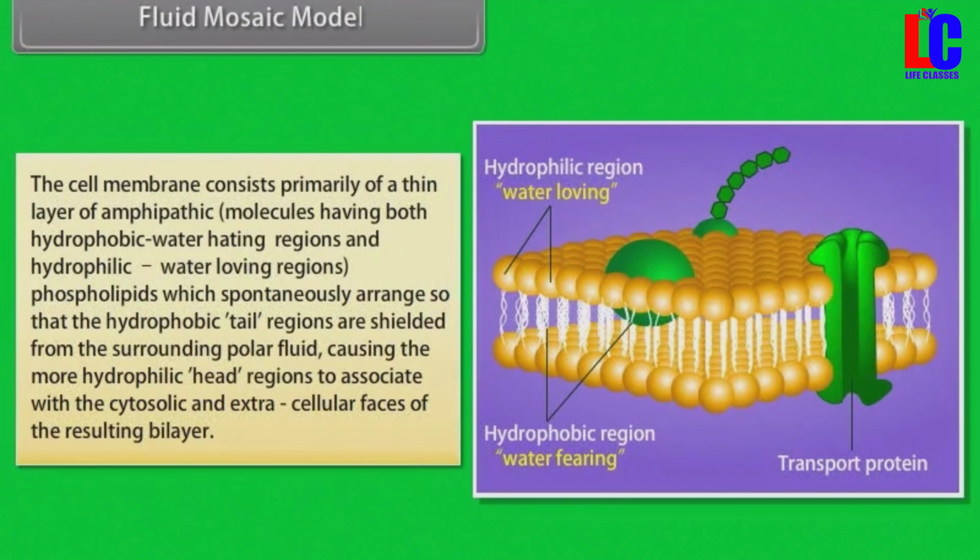The cell membrane consists primarily of thin layer of amphipathic molecules having both hydrophobic, water-hating regions and hydrophilic, water-loving regions, phospholipids which spontaneously arrange so that the hydrophobic tail regions are shielded from the surrounding polar fluid, causing the more hydrophilic head regions to associate with the cytosolic and extracellular phases of the resulting bilayer.